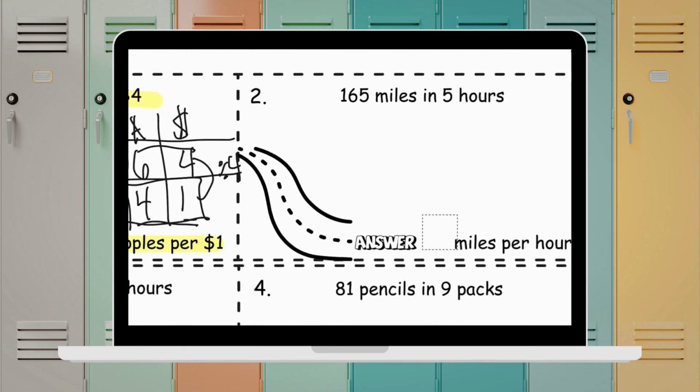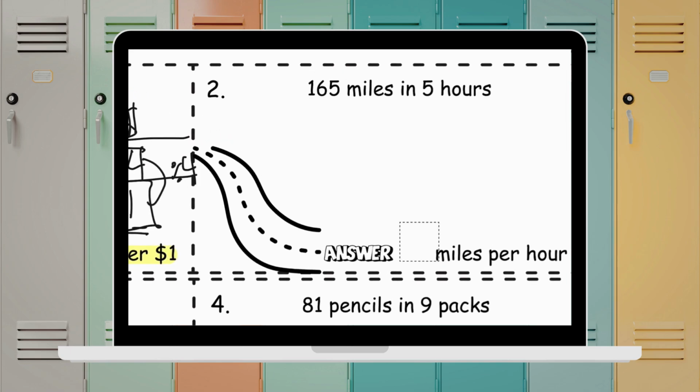So let's go ahead and look at number 2. We have 165 miles in 5 hours, so I want to know how far I would travel in 1 hour. Per one, remember, is unit rate. So really, I'm simply going to be dividing by 5. 5 divided by 5 is how I get 1 hour. Then 165 divided by 5, if you don't know it, do the long division.